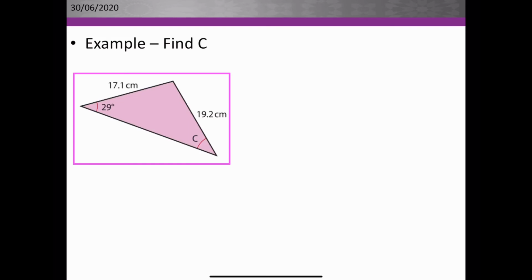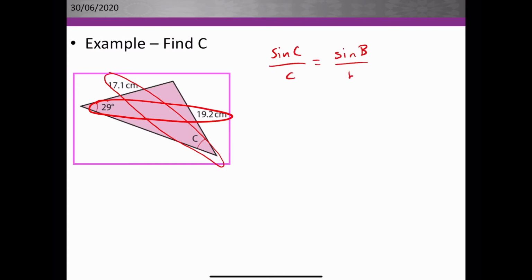What if you wanted to use the sine rule to work out a missing angle this time? Same again, but now you're going to do sin C over c equals sin B over b. It doesn't matter if it's sin A over a again. So sin C is what we're trying to find. Sin C over c, which is corresponding, equals sin 29 over 19.2 and 17.1.